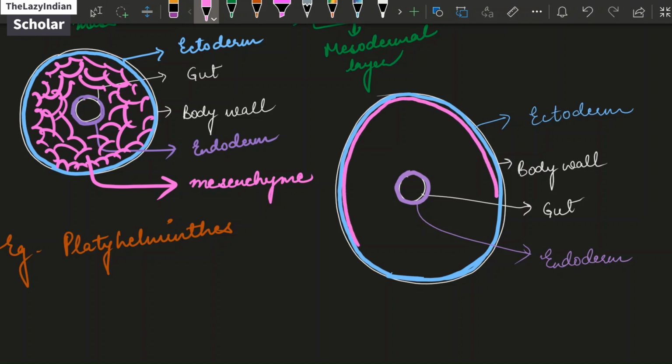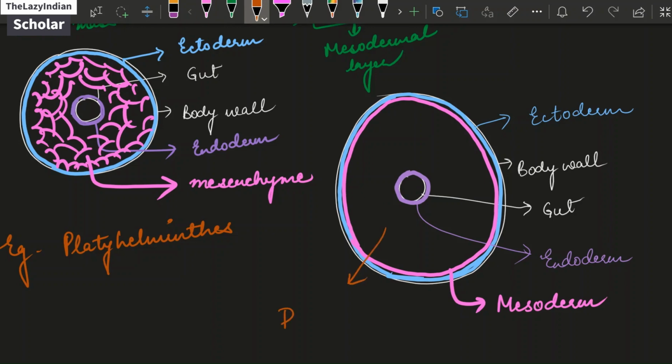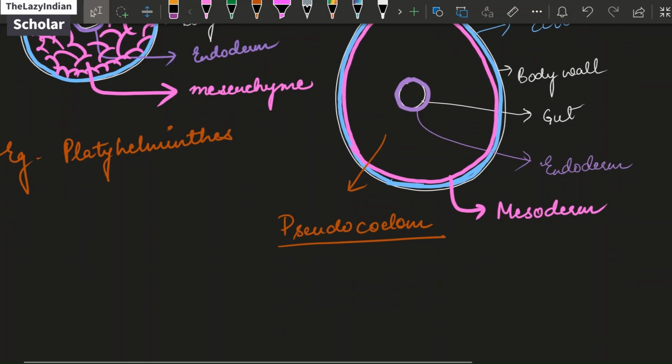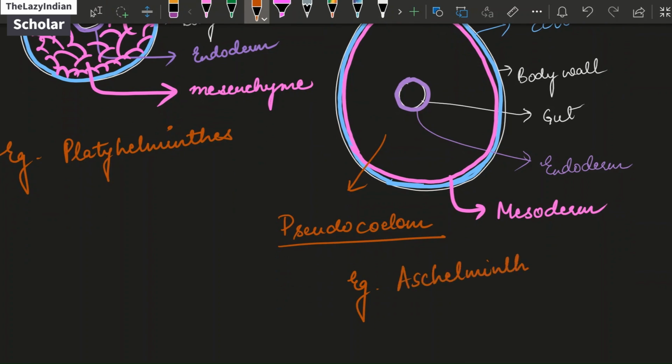This pink line is the mesoderm layer, and the hollow space here is known as pseudocoelom. Example will be aschelminths, that is roundworms, or the nematodes.